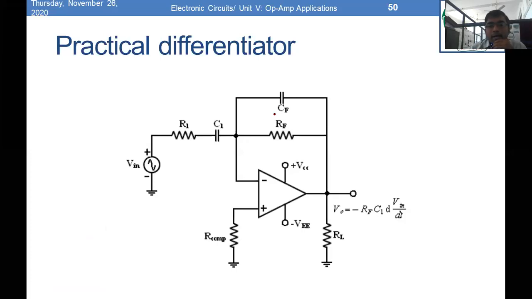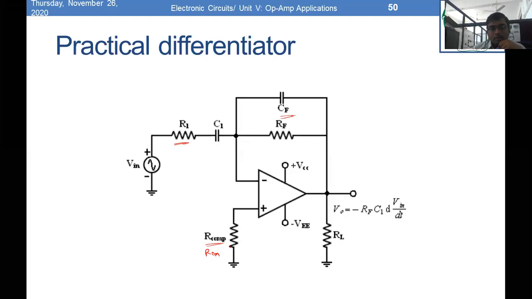Here we have added a parallel capacitor CF in the feedback network along with the RF, and also connected our resistor R1 in series with the input capacitance C1. And the rest of the circuit is the same. You can connect this R comp, or R ohm.